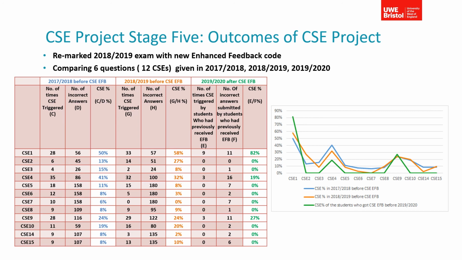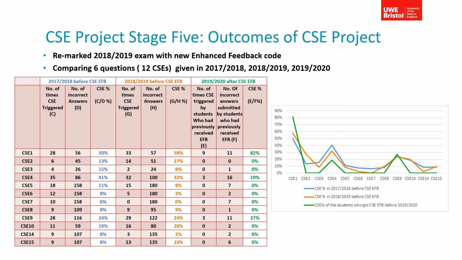That is in orange color. 6 questions were used in the examination for all 3 cohorts, 2017-18, 2018-19, 2019-20. We remarked the 2018-19 exam with the new enhanced feedback code. These 6 questions tested for 12 CSEs, and the data for all 3 cohorts is shown in this table.